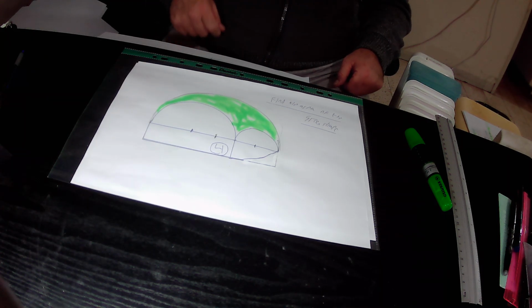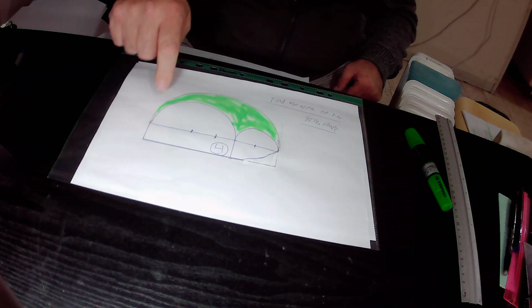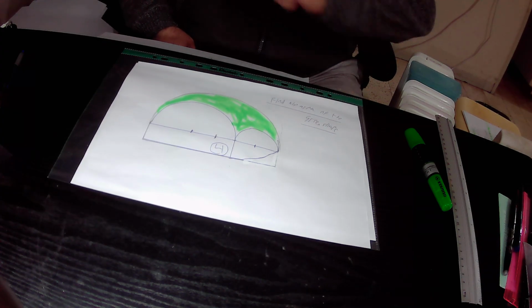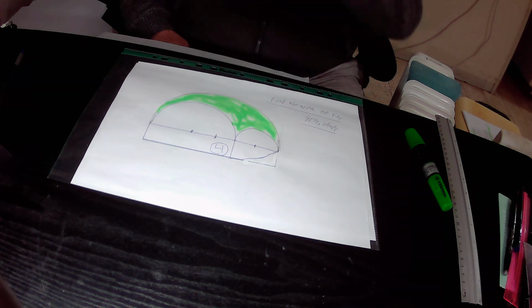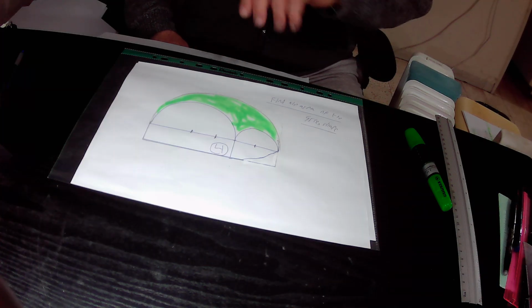So in the drawing, we have three semicircles. This is the biggest semicircle, this is the medium semicircle, and this is the smallest semicircle. In addition, we also have this rectangle. We know that the area of this rectangle is 4 square units in size. And finally, we also have this quarter circle. Again, our task was to find the area of this green shape.